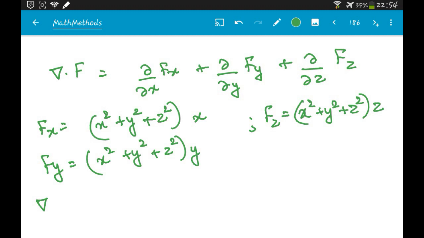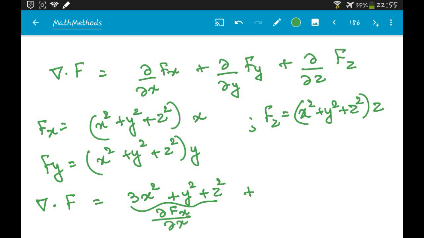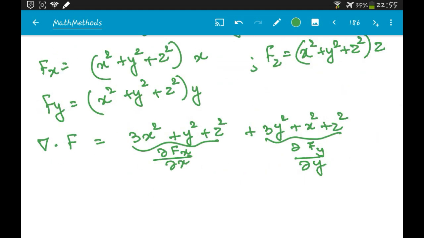So del dot F is going to be 3x square plus y square plus z square, which is dou fx by dou x, plus 3y square plus x square plus z square, which is dou fy by dou y, plus 3z square plus x square plus y square, which is dou fz by dou z.